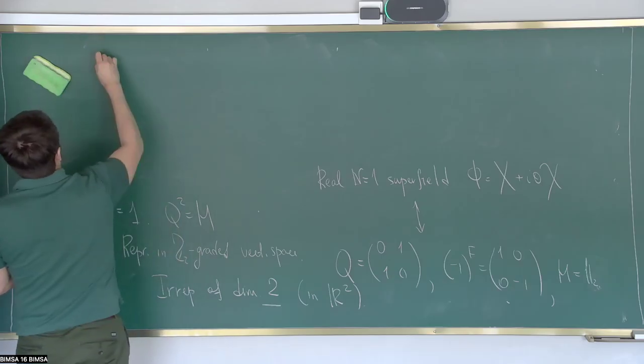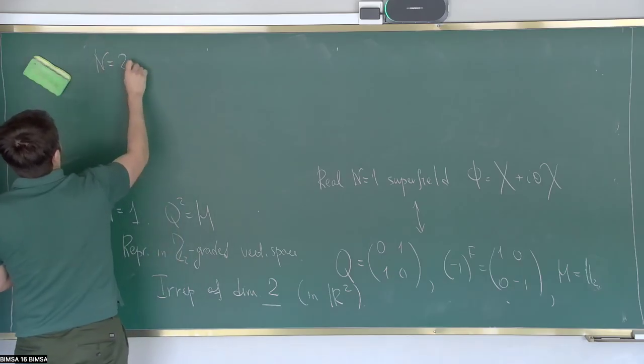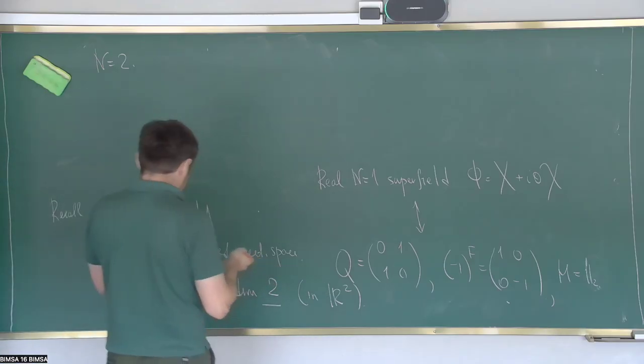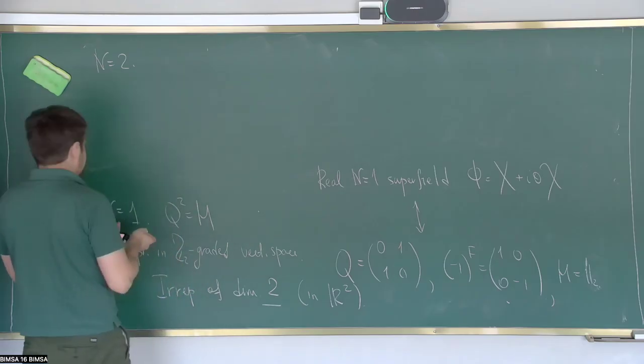So in n equals 2, we can consider the representation of the complexified Lie algebra.